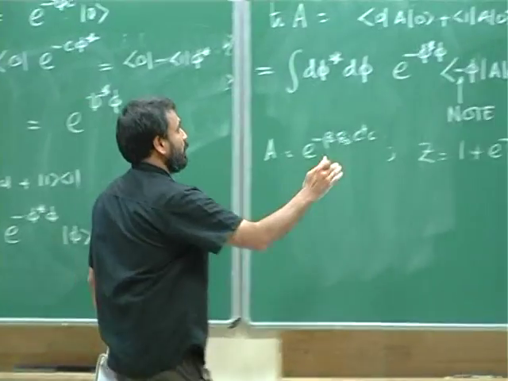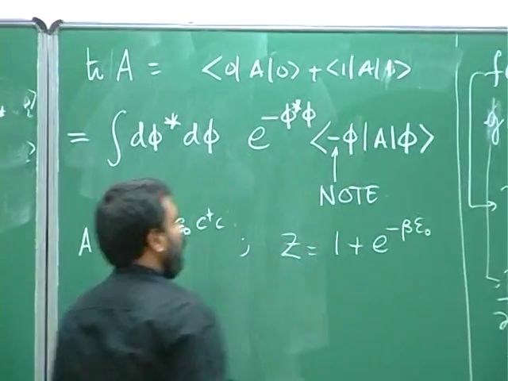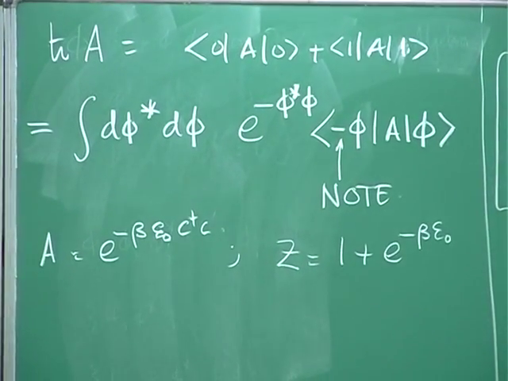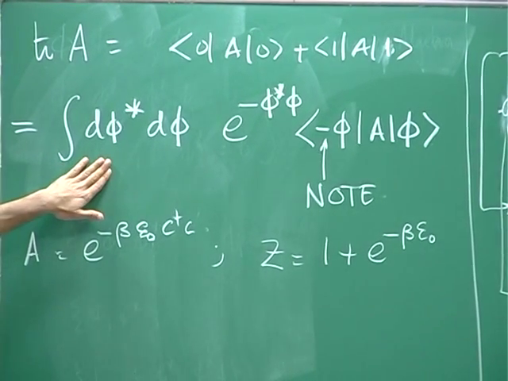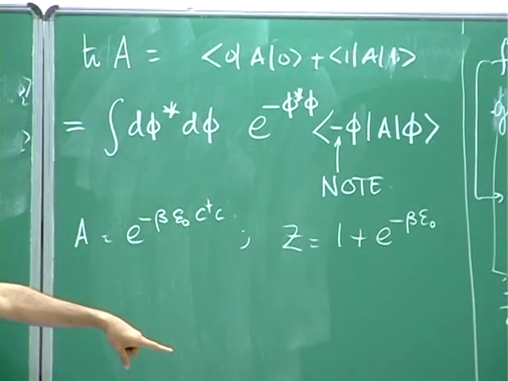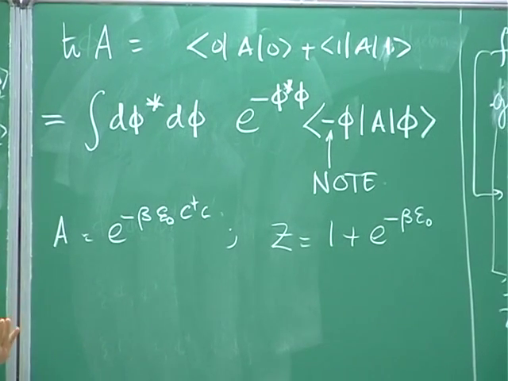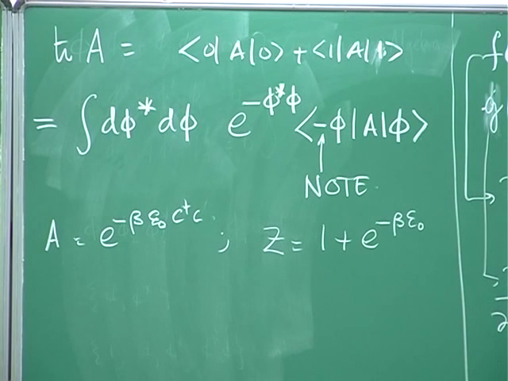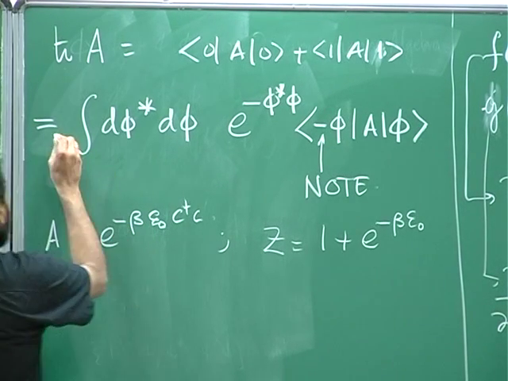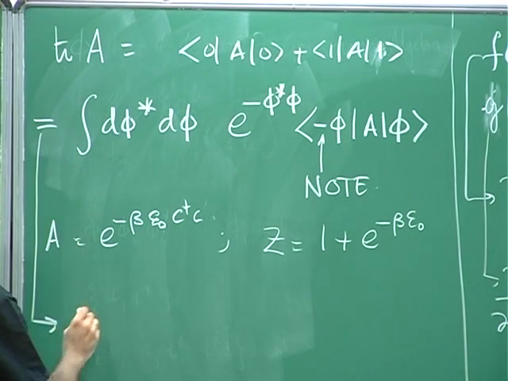Oh, <1|A|1>. Okay, good, thanks. So this is what happens. Now what I want to show you is that if I use this formula, I will get the same answer. I better get the same answer. So I want to use the second formula now. Let me write that down.